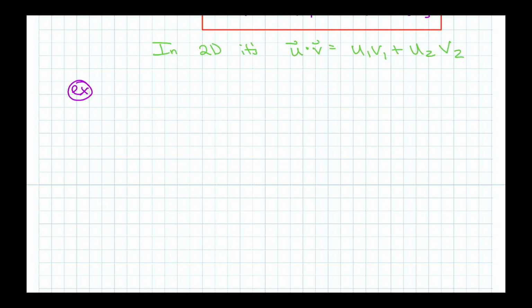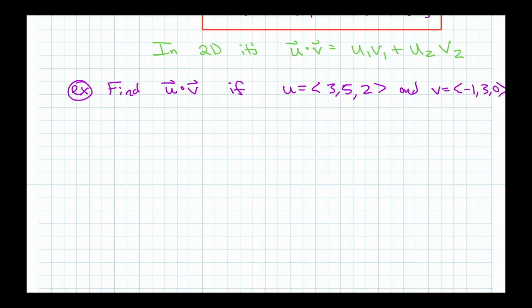So, example here: find u dot v if u is 3, 5, 2, and let's say v is -1, 3, 0.